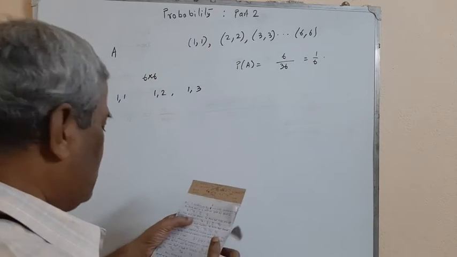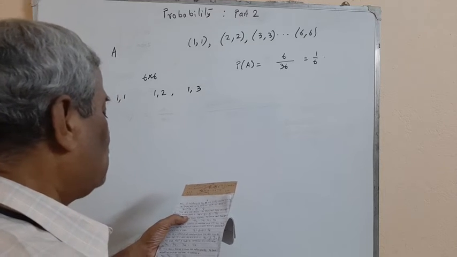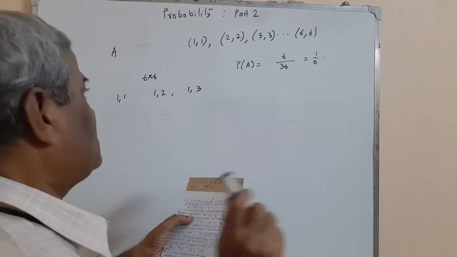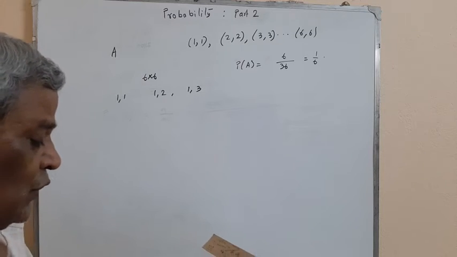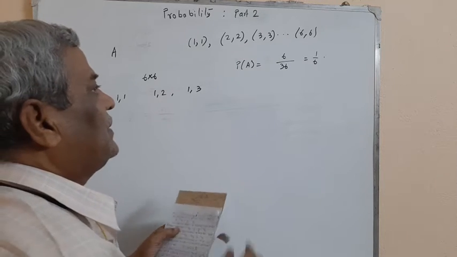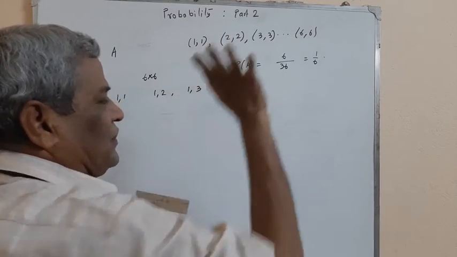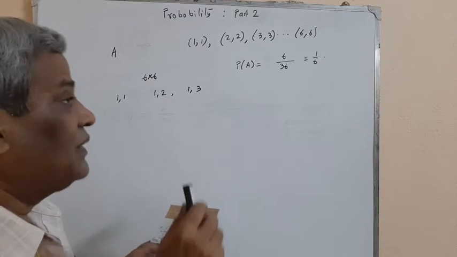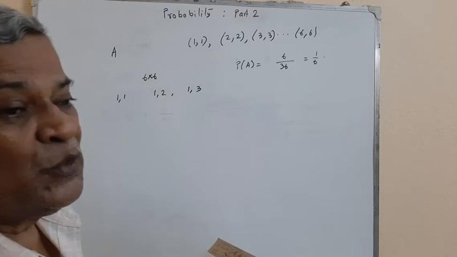Now, if the problem is given like that: two dice are thrown, the probability that no two dice will show same face. That is, none of these same faces will happen. What we want is the complement.